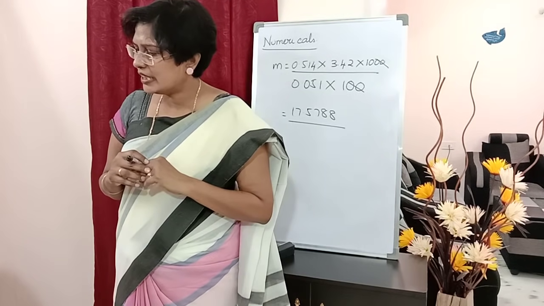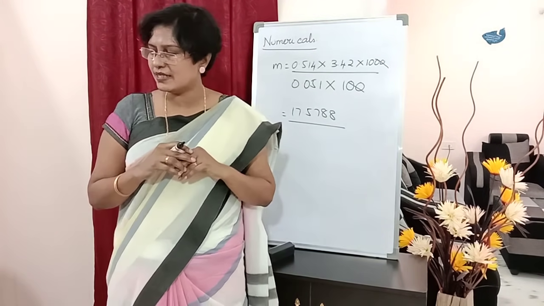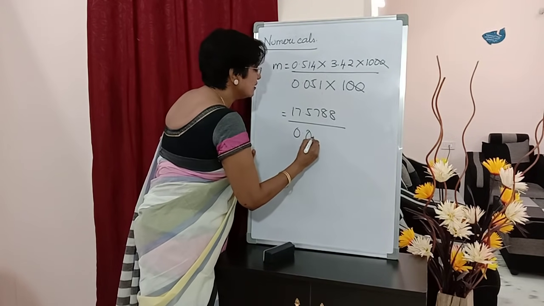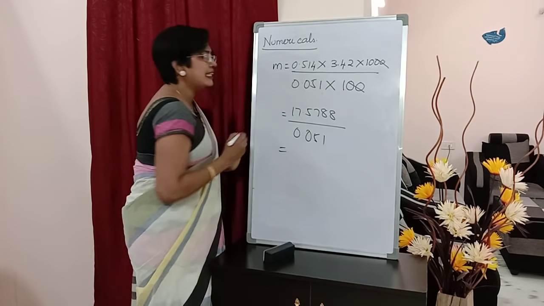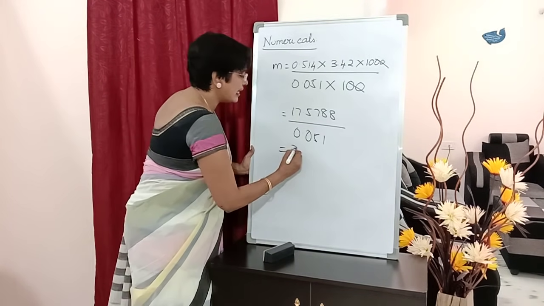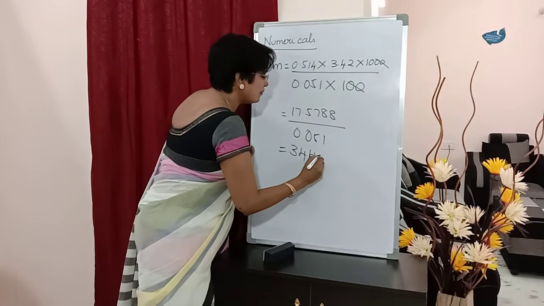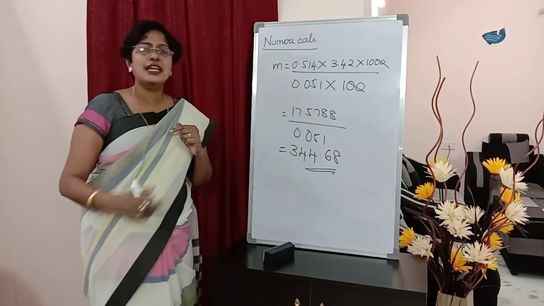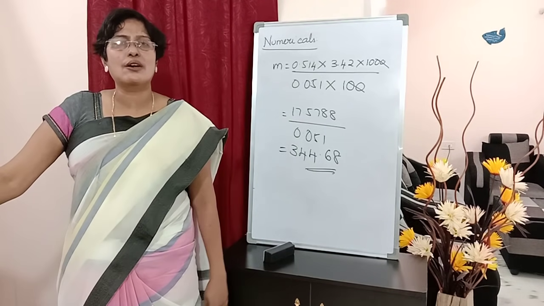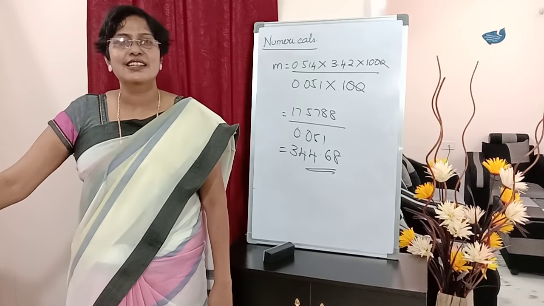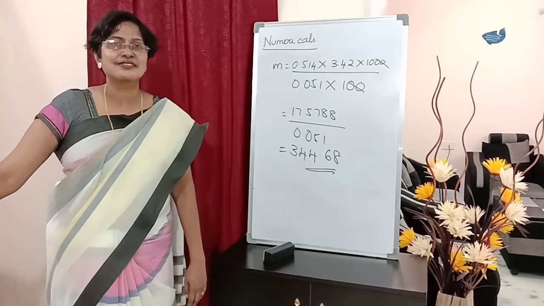I got it as 17.5788 divided by 0.051. It is equal to how much? When you divide, you will get it as 344.68. It is the molecular weight of a non-volatile solute. Is it not easy, students? Easy?